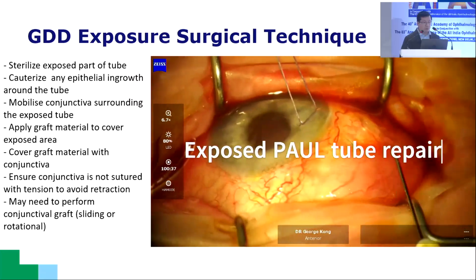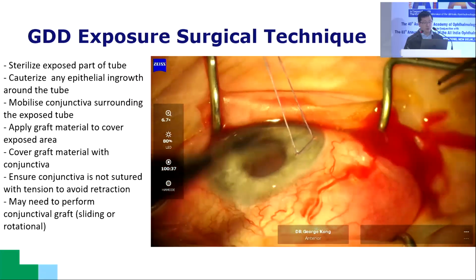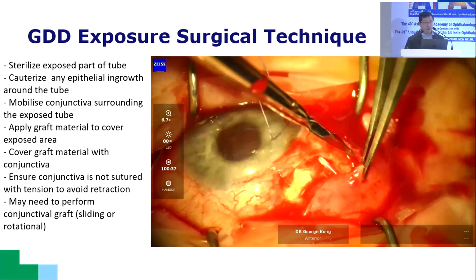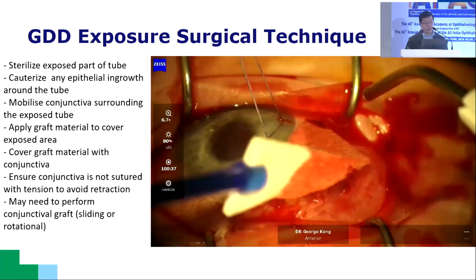So how I approach erosion in a GDD is to really mobilize the conjunctiva around the device. Often the conjunctiva right near the device is very stuck down with a lot of scarring.